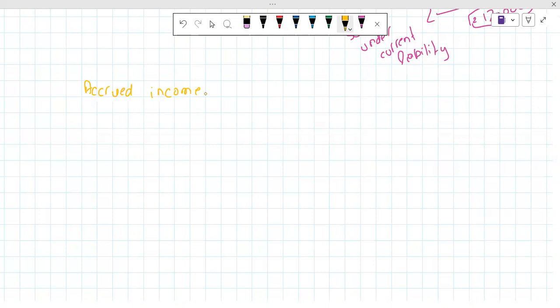You didn't receive any payment, but you have given your services. So for example, if you gave your services to your customers, but your customers didn't pay you, this type of income is called accrued income.